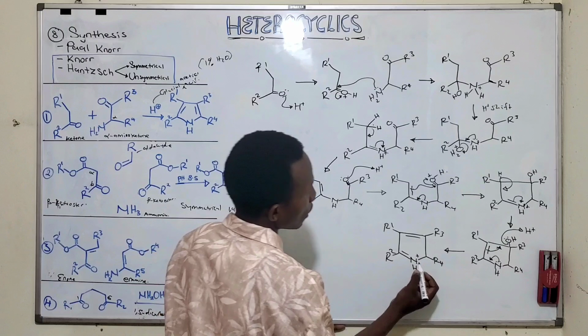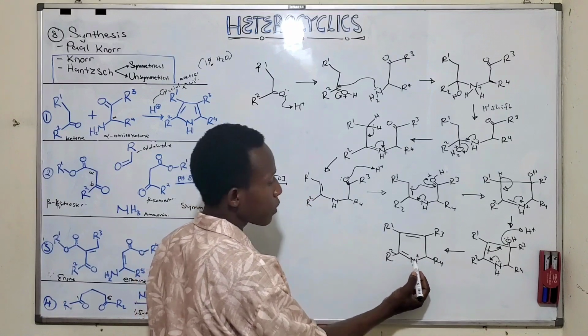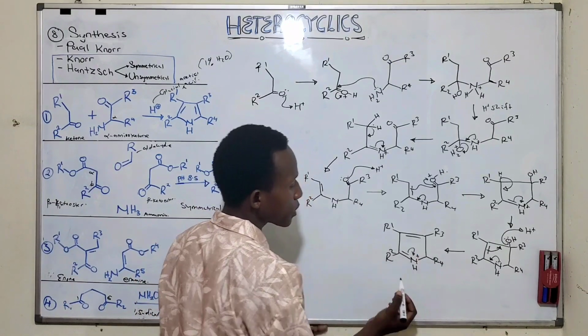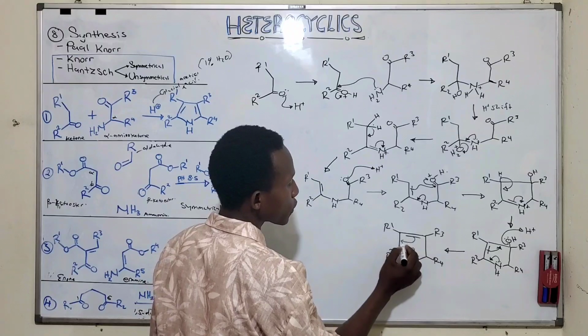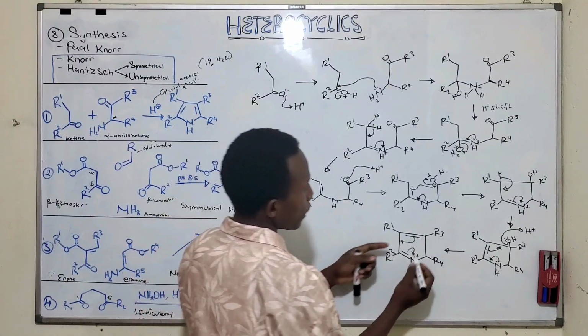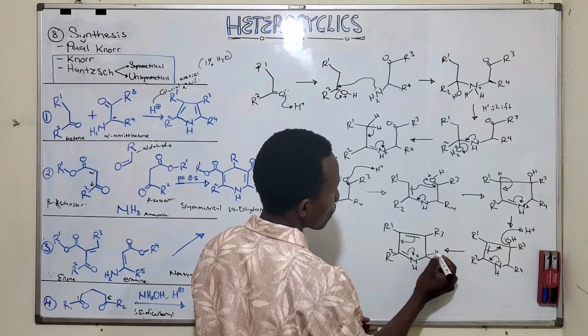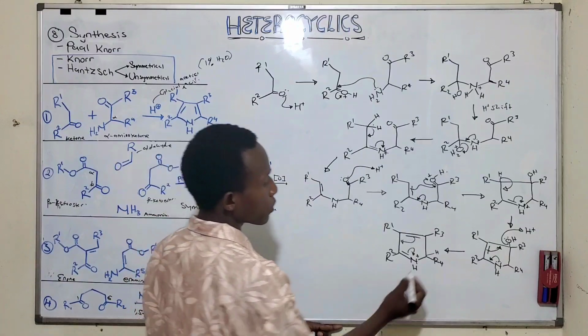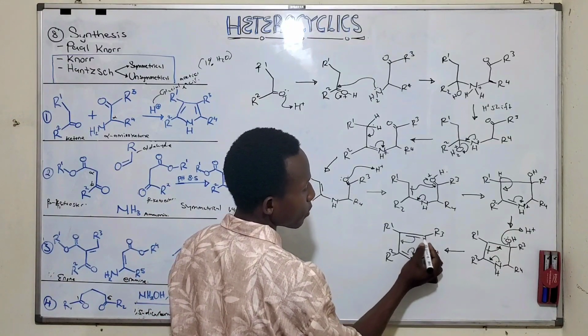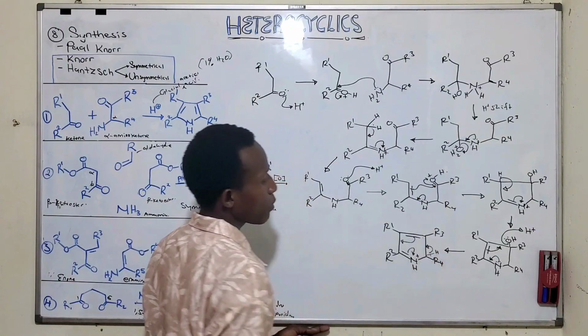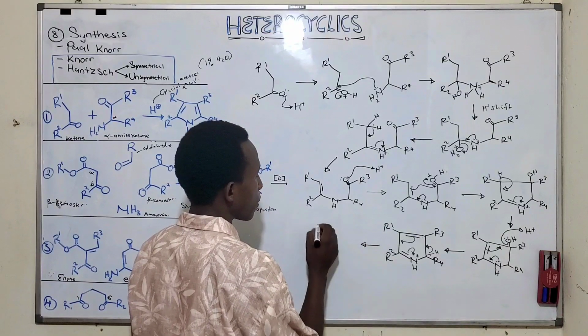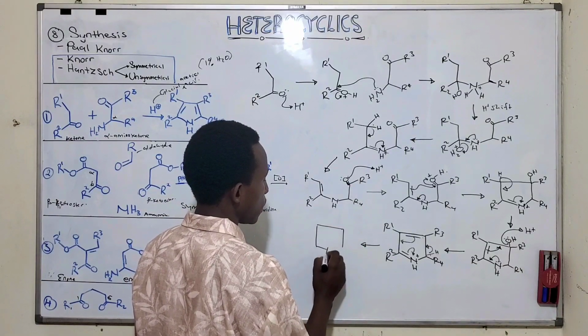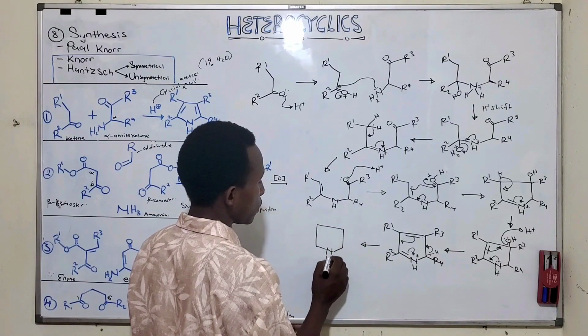Then nitrogen is unstable. It stabilizes by taking up the bond. This bond shifts to that position. Then here we have a hydrogen atom. It breaks off to stabilize this carbocation. So it forms a bond there. We come up with this NH.